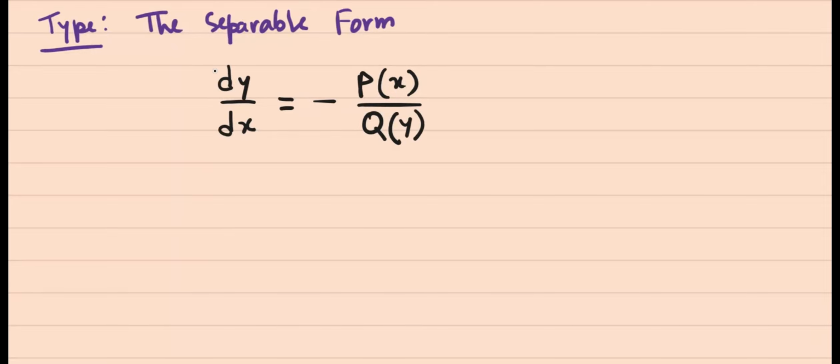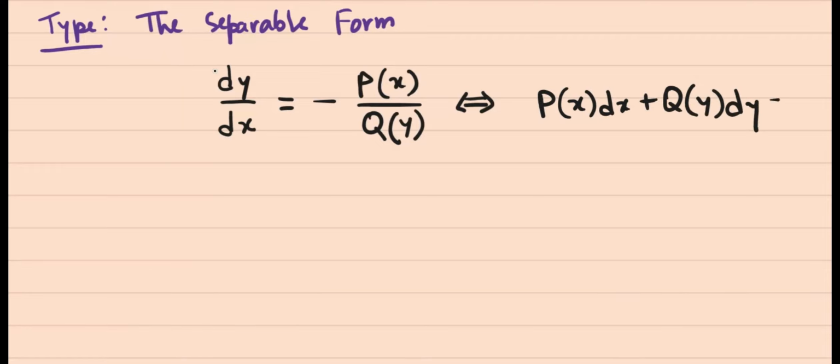Now, this can also be written equivalently as p of x dx plus q of y dy. I think why this equation is called separable can be understood readily from the form written on the right hand side.